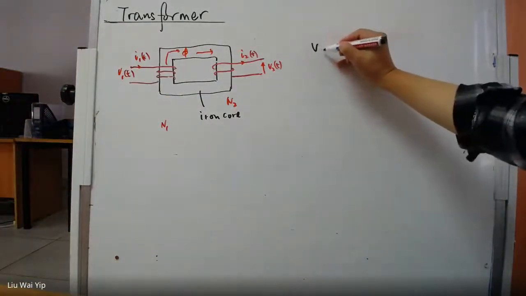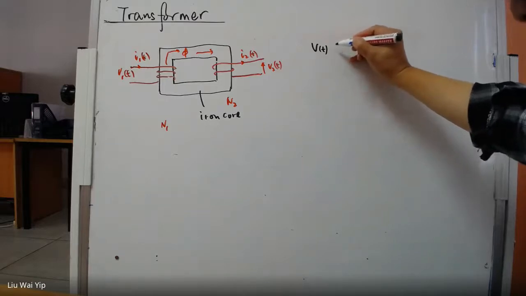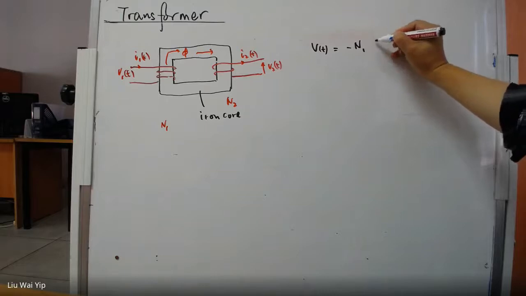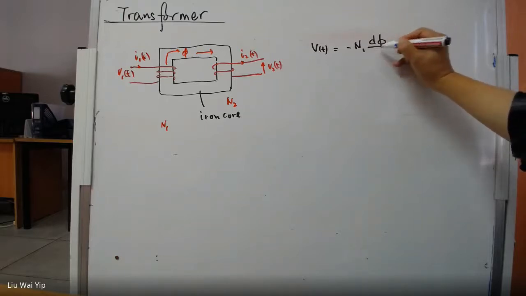V(t) is going to be minus N1 times d phi by dt.